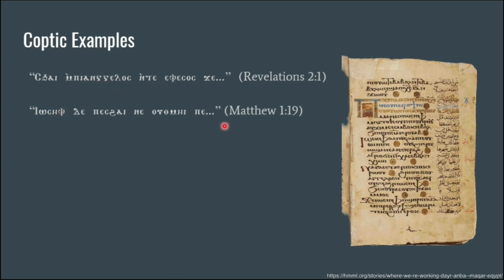Then Matthew 1:19, Yosef de bishai neos mi be, right? And so Yosef, Joseph, bishai ne othmi, right? This one is a righteous man, or at least righteous man is implied. This just means righteous, right?